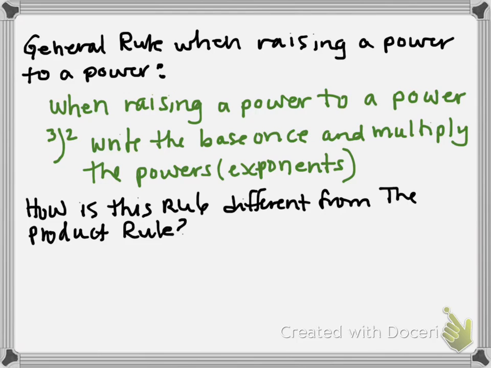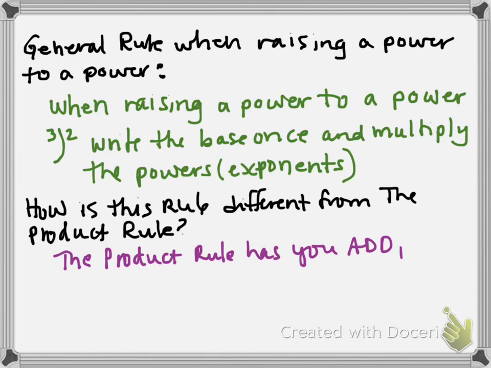How is it different? Julia E? Okay. Well, no, we only do one thing in the product rule. Yeah. So the product rule has you add the exponents. This power rule, we're multiplying them. It's the quotient rule that makes you subtract them, okay?